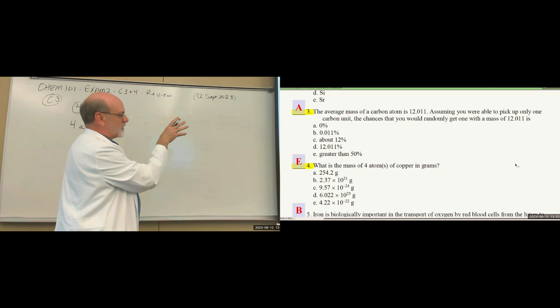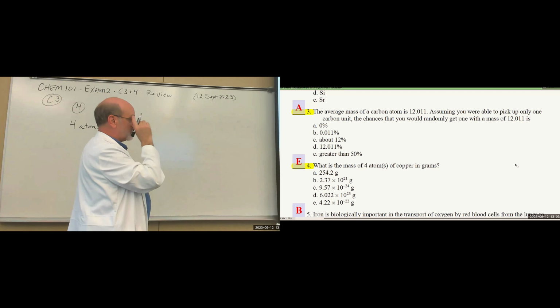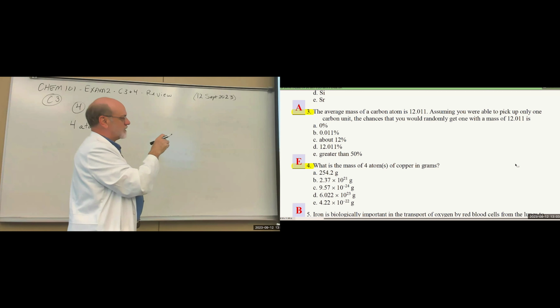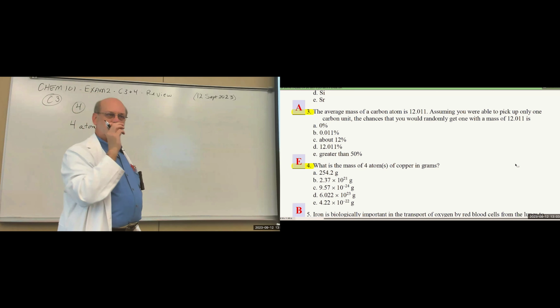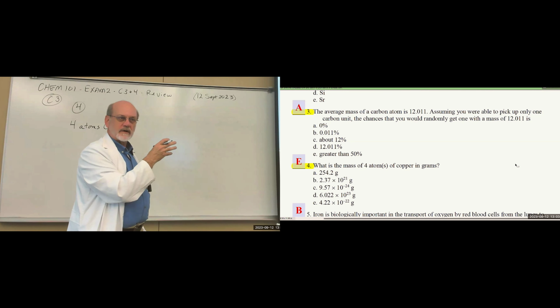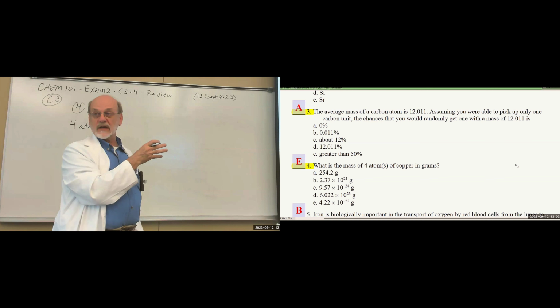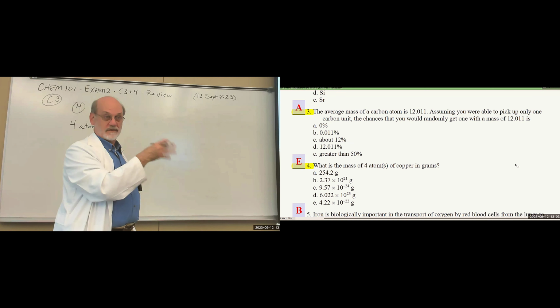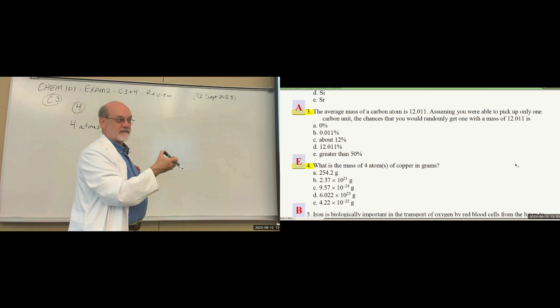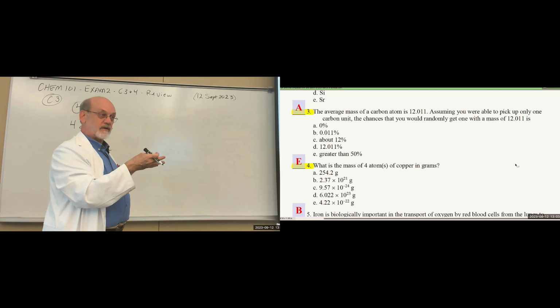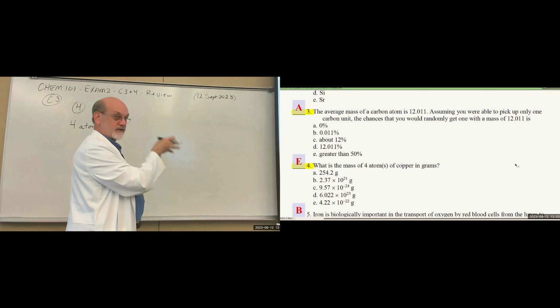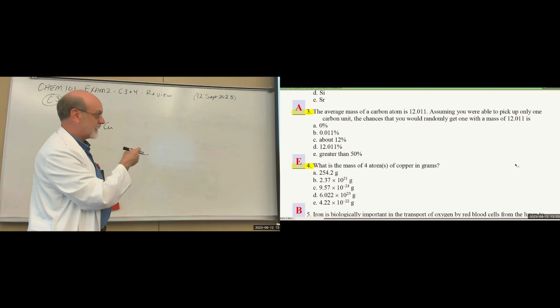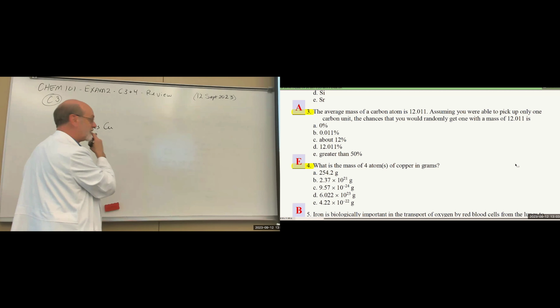Sometimes when these multiple choice questions are developed, the person doing it will throw in answers that result from miscalculations that students typically make. So the answer's there, but if you calculate it wrong, you're going to find your answer there, but it's the wrong answer. That's why some of these are placed there.